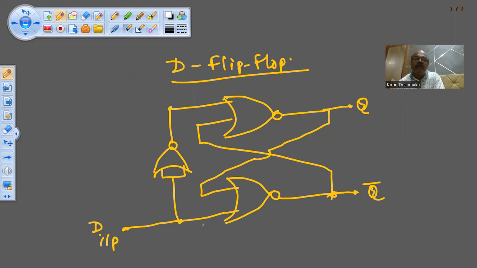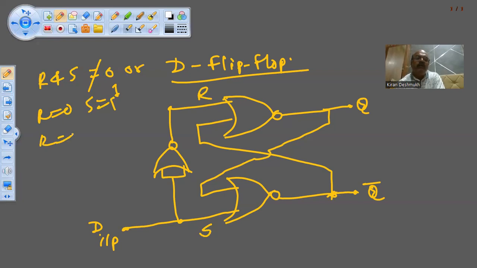The reason is that this is S input as we know, and this is R input. So R and S will never be 0 both at a time, or never be 1 simultaneously. So if R is 0, then S will be 1. If R is 1, then S will be 0.